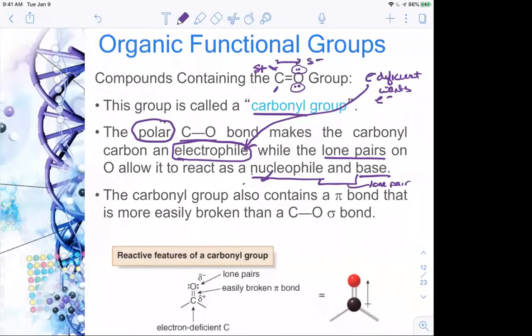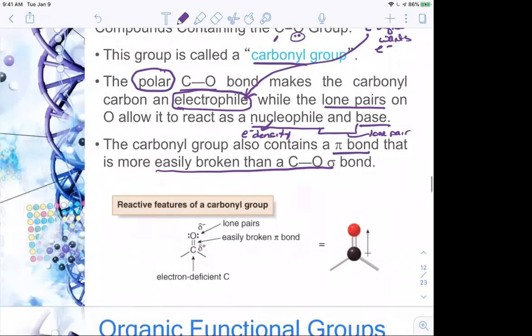This, remember, is an area of electron density, which is what a lone pair would be. I also have a pi bond, right? That pi bond can also be more easily broken than a carbon-oxygen sigma bond.